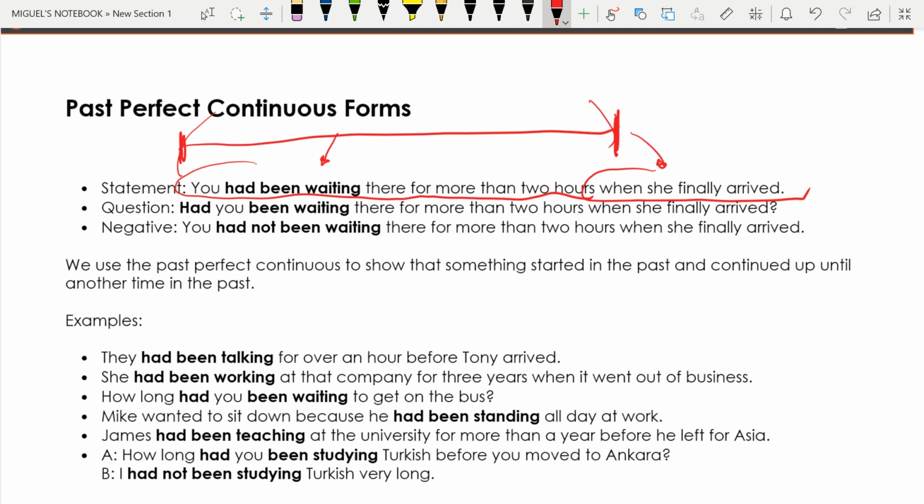You were waiting. Okay? So both actions are in the past, but this one happened first. Just like when we talked about the past perfect tense, this action happens first, and then this happens after that. This would be the main event, and it's in the simple past tense, when she finally arrived. Okay?